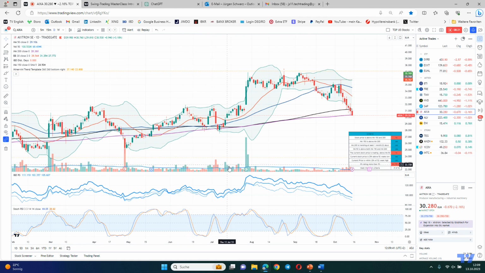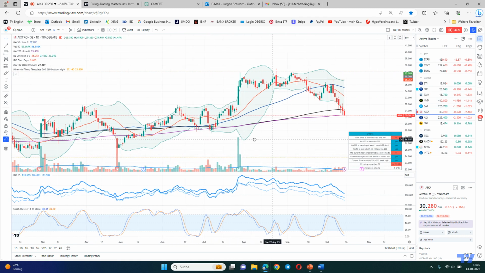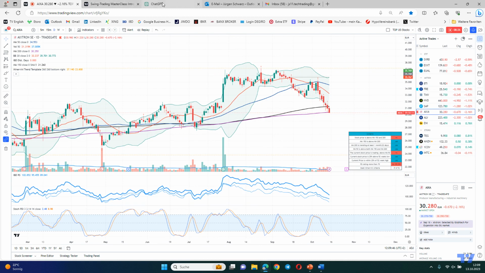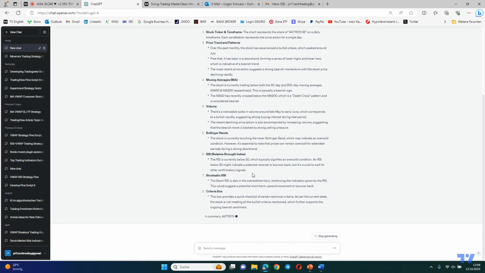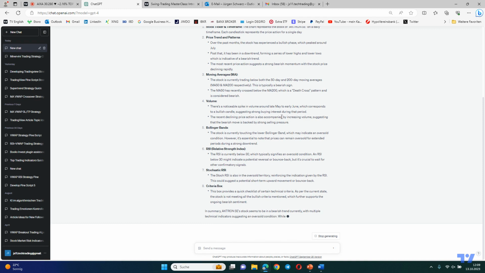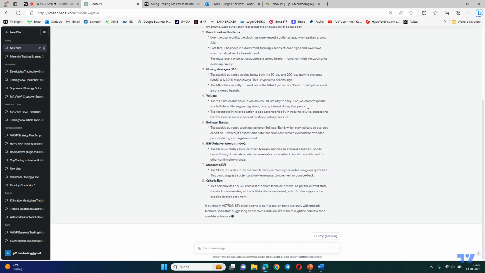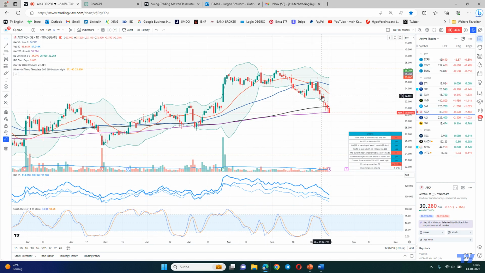These increases have all been under high volume, especially this strong breakout, which has been a bullish signal. That's good. The recent decline is accompanied by increasing volume. That's what I said. It's highly concerning that this recent series of lower lows and lower highs is under high volume. It's a strong violation.